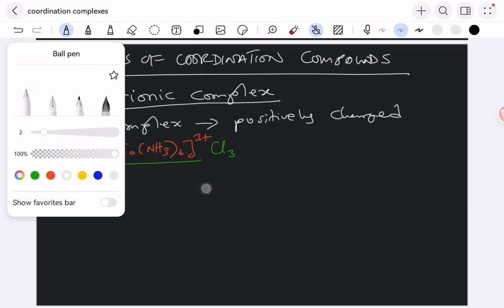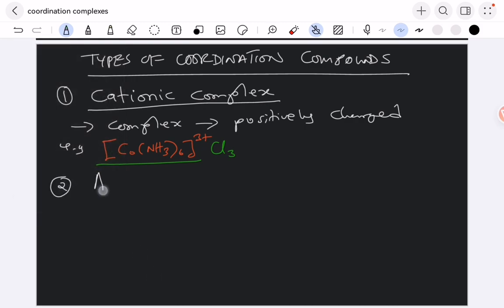Then the opposite of that obviously is an anionic complex. By anionic we mean our complex is negatively charged.